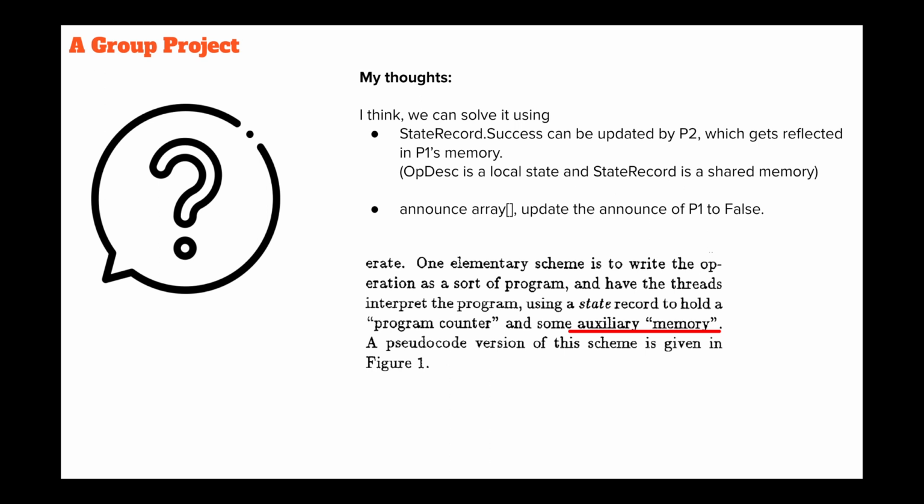The second approach is that you can have an announce array, similar to Herlihy's approach. If Alice completes Bob's task, then Alice can mark Bob's task as false, and then she can proceed with her task. So when Bob resumes his task, he can check whether the announce array is still true or false, and based on that he can proceed with this operation.